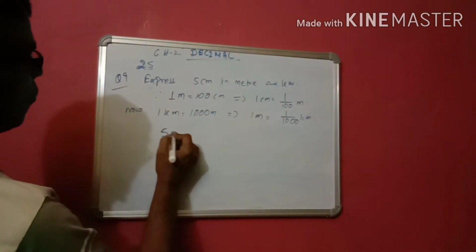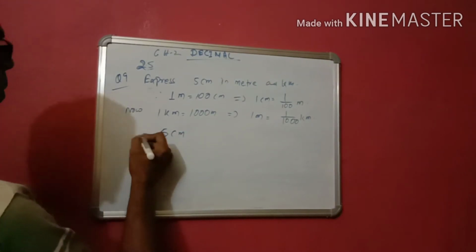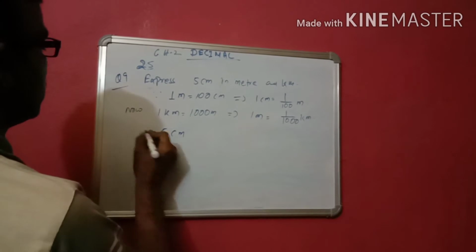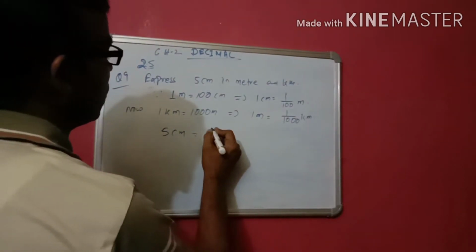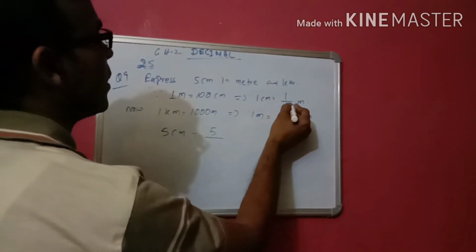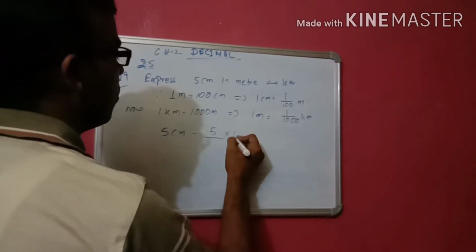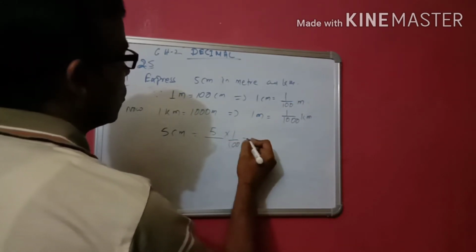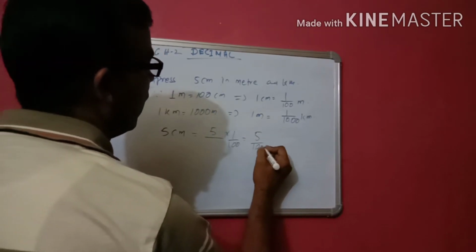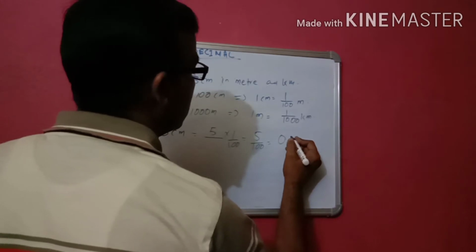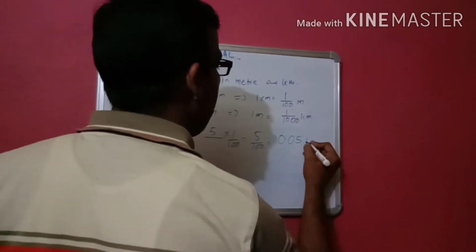Now 5 centimeter into meter. Since 1 centimeter equals 1 by 100 meter, you multiply 5 by 1 by 100. So it will be 5 by 100, equal to 0.05 meter.